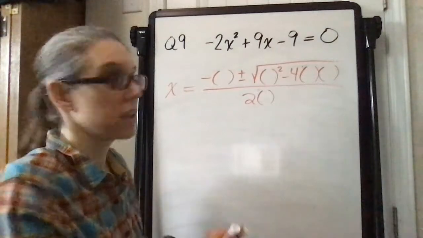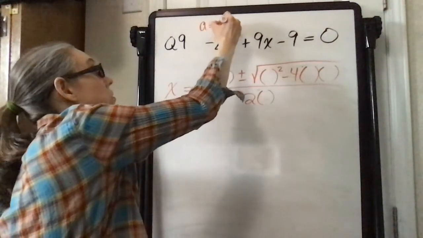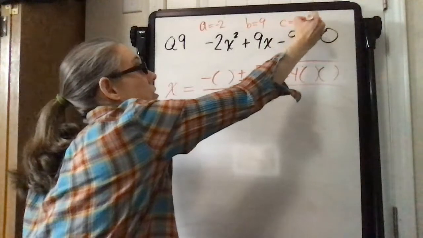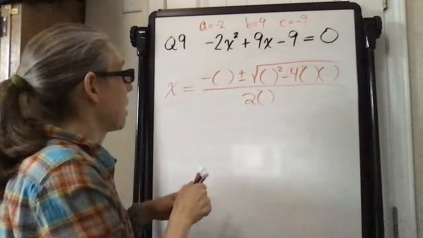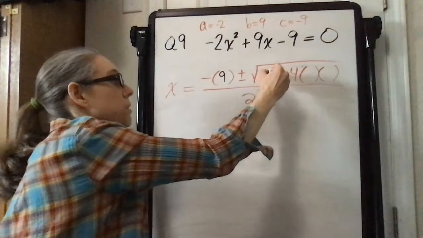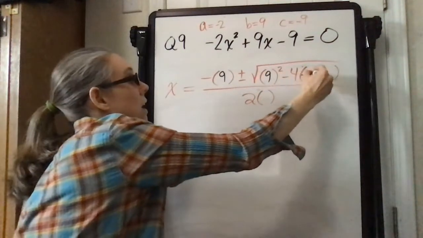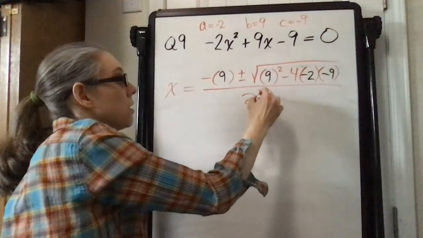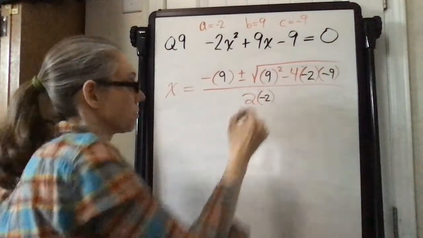So remember here, a is equal to negative 2, b is equal to 9, c is equal to negative 9. So negative b plus or minus the square root of b squared minus 4ac all over 2a.